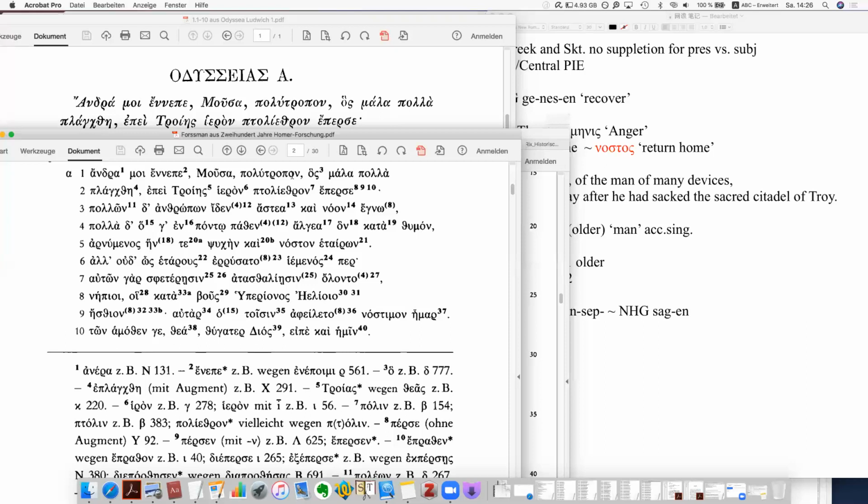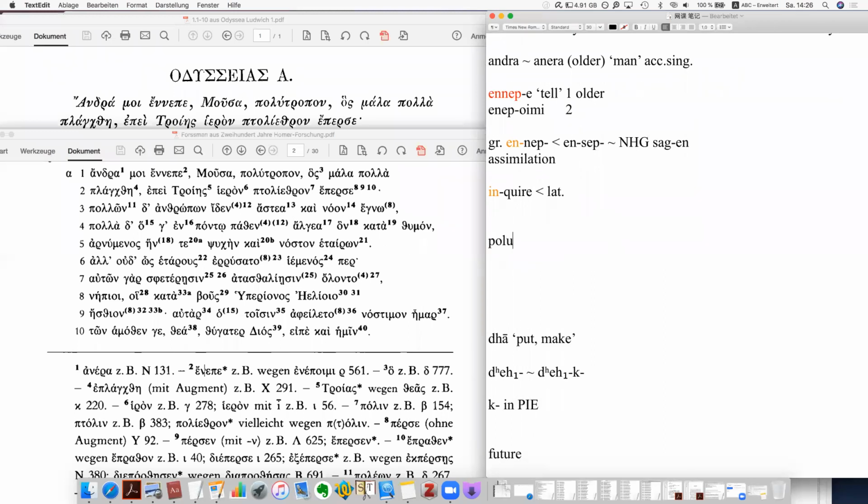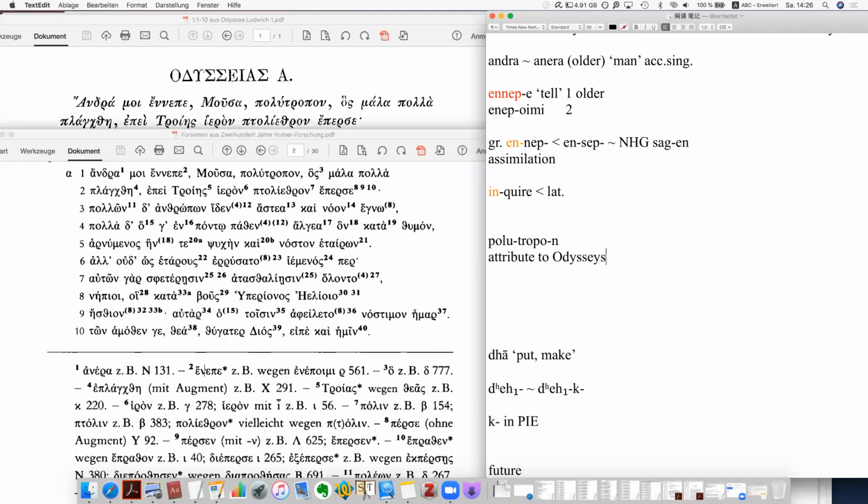Polytropone, there's not much to say. It's a compound, polytropone, right? And this is accusative singular with n. This is an attribute of Odysseus. Yeah.